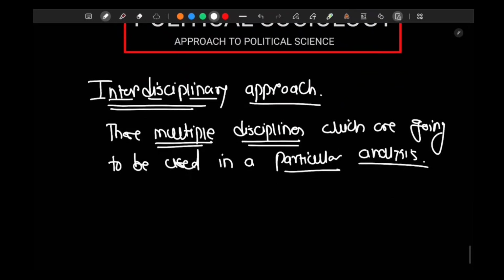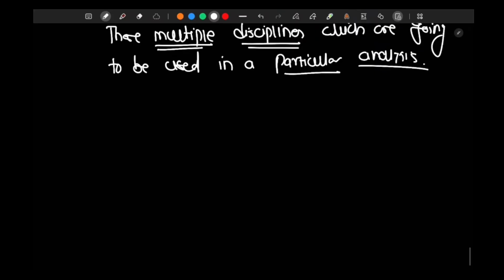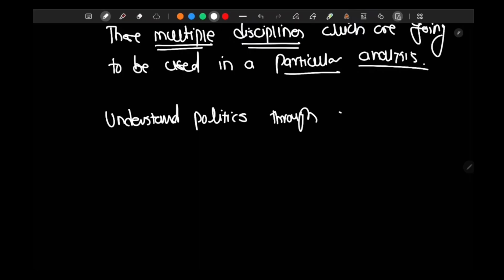So the political sociology approach, right? We are trying to understand politics through sociological factors. The impact of sociological factors on the functioning of the political system.